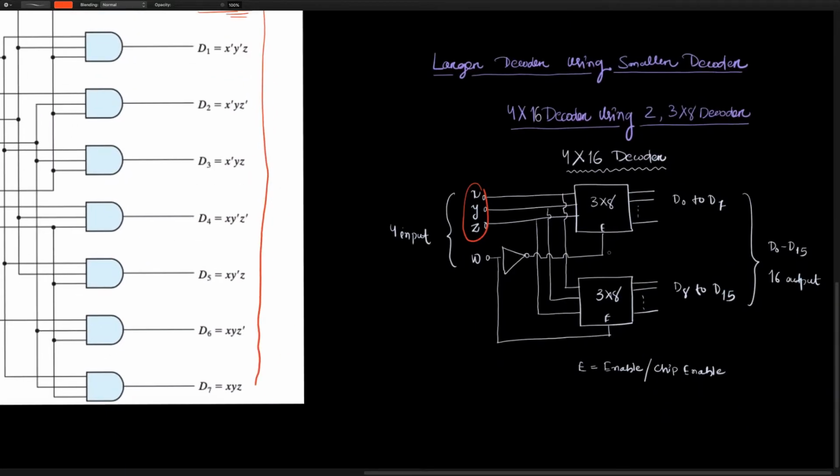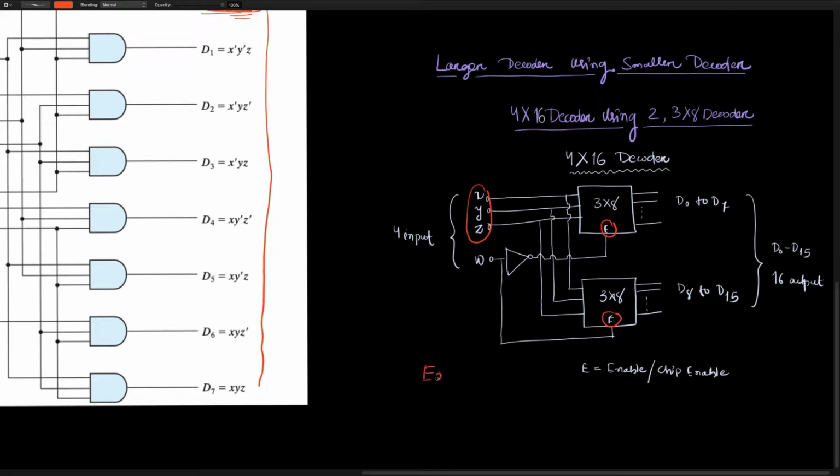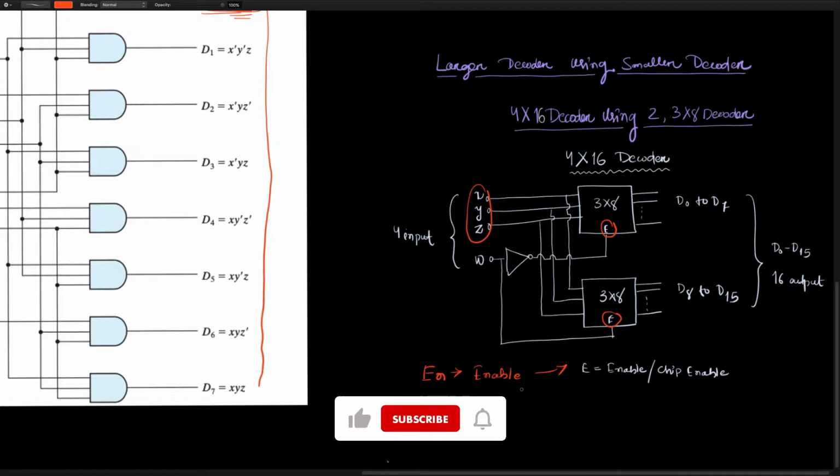There is also another input to the decoder that is known as the enable input. I've written it E here, but that is sometimes also written as EN. That shows this is an enable pin. Whenever that goes high, that particular chip is activated, whereas whenever that goes low, that particular chip is deactivated. That's kind of an enable system.